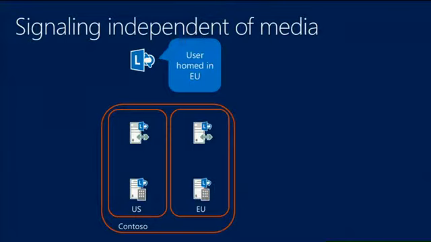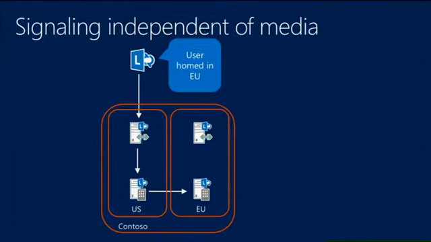So let's assume for some reason this user signs in against the US Edge server. What could be the reason? Well, maybe I have just SRV records. Maybe that's still a Lync 2010 client or Lync for Mac 2010. For some reason, I go to this server in the US. Now, all my signaling goes to the US Access Edge server, and from there to the US pool, because that's the next hop.